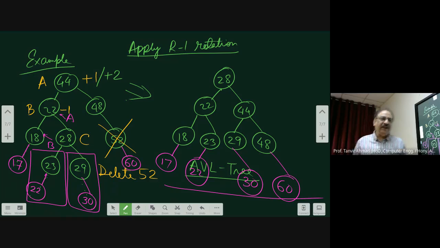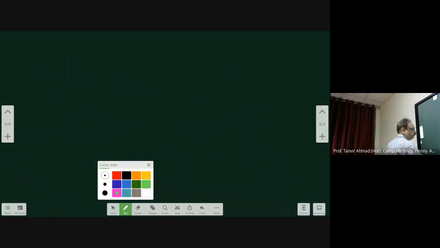Now, with this in mind, what you can do, you can try the other 3 rotations. That means the L0, L1, and L-1, which are nothing but mirror images. Therefore, what you can do is that you draw a tree in such a way. Now it will be something like this. I draw a tree like this.